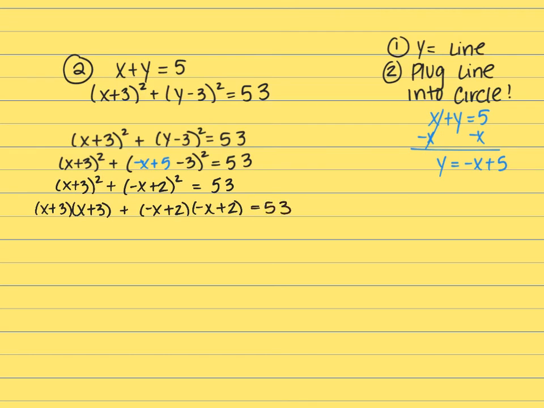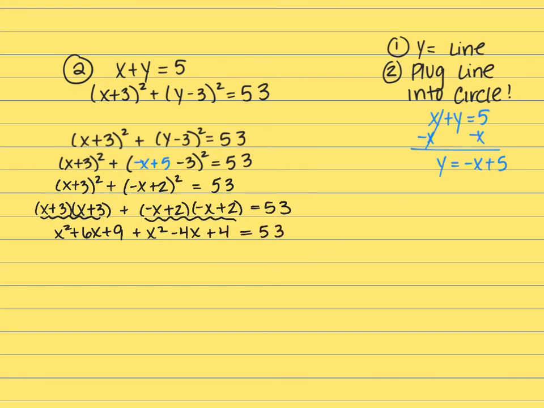So take a minute, pause the video, double distribute, set it equal to 0, and then hit resume for the solution. So when you double distributed these two, you should have gotten x squared plus 6x plus 9. And when you double distributed these two, you should have gotten x squared minus 4x plus 4.